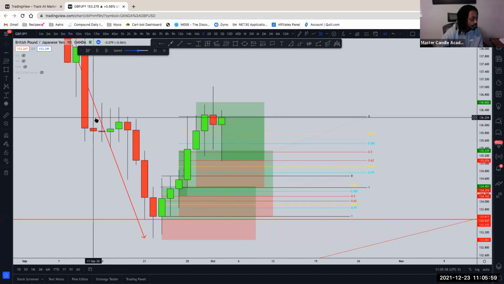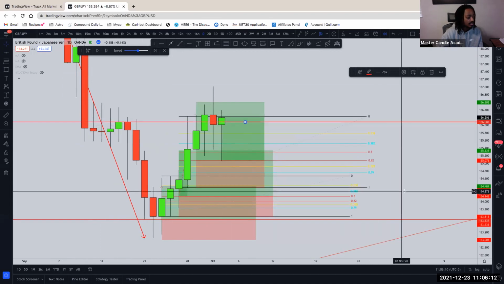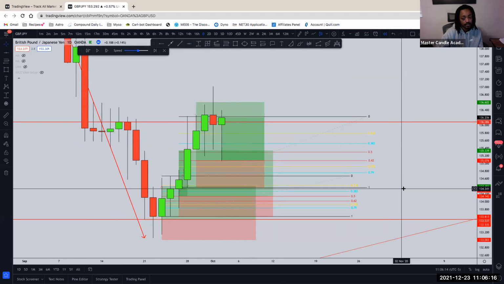Right. This is previous market structure. Here. All right. Not the wicks. Here. Are we above or below market structure? We're above, right?